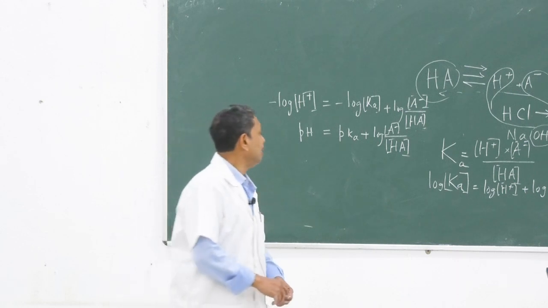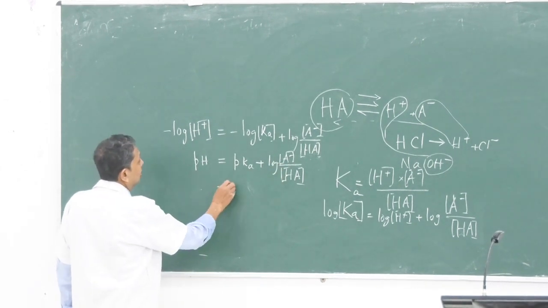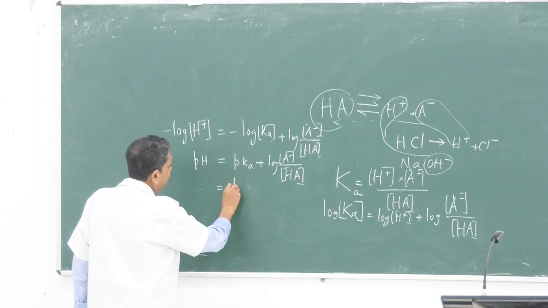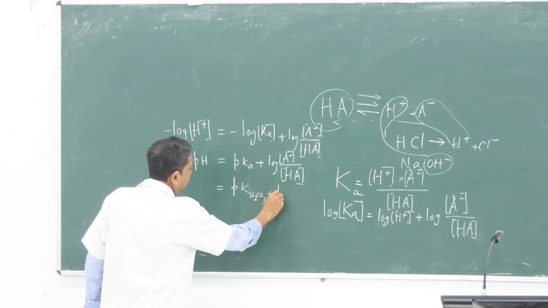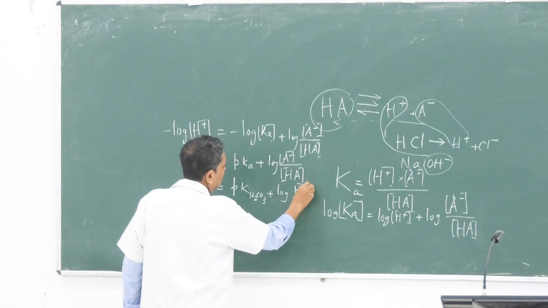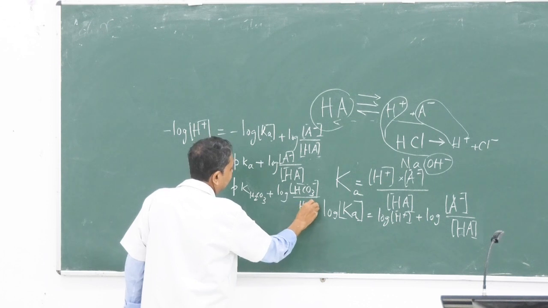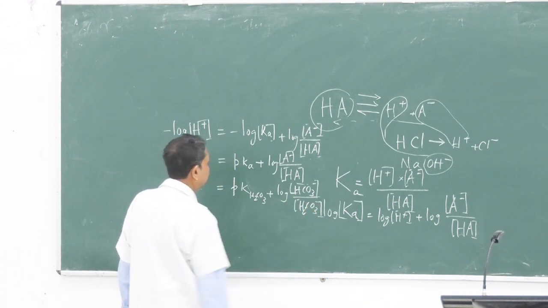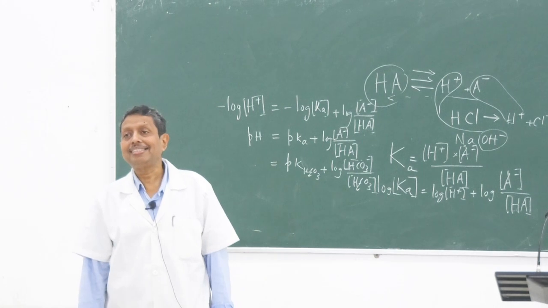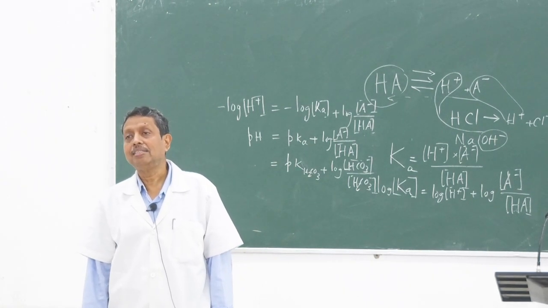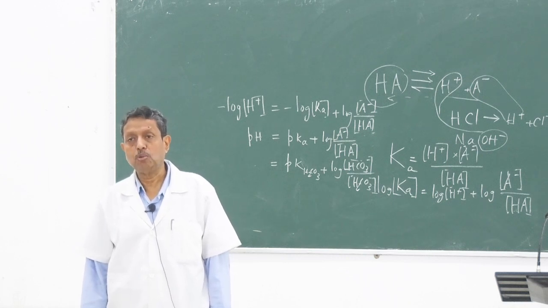In that case, you can replace these acids with H2CO3. The apparent pK of carbonic acid is very low, 3.7 or so, as given in the book.